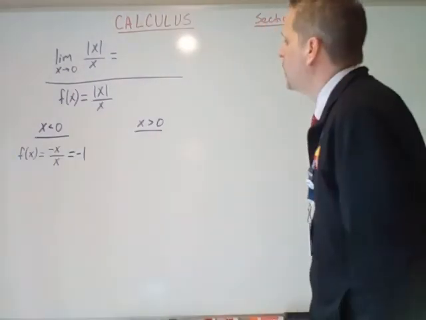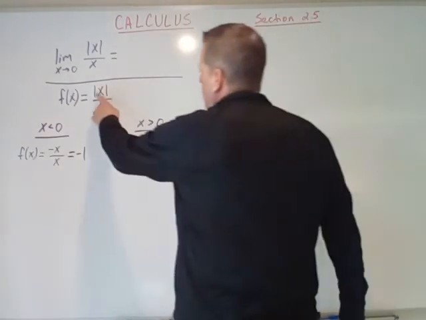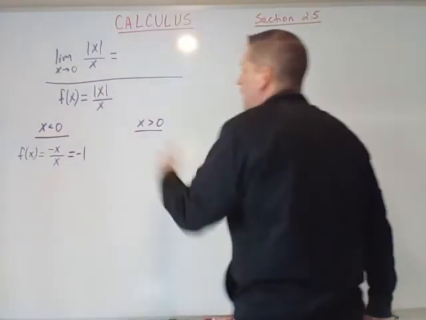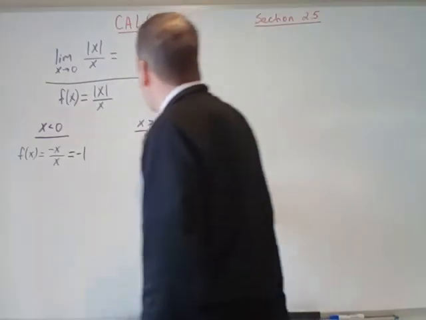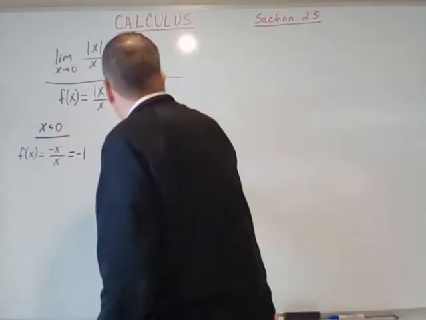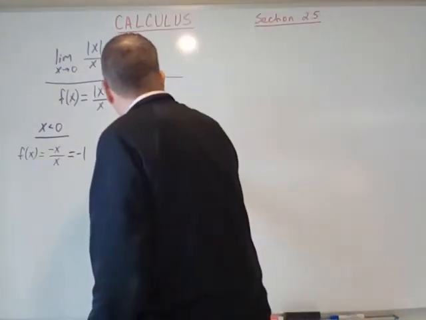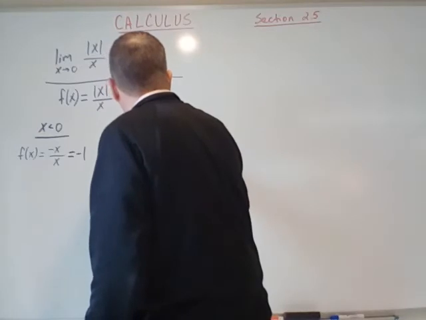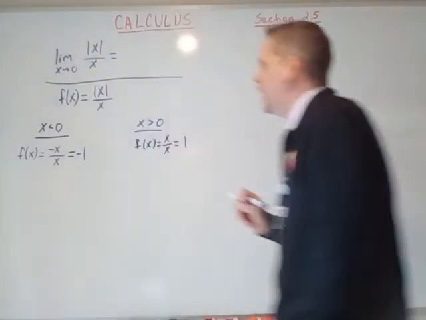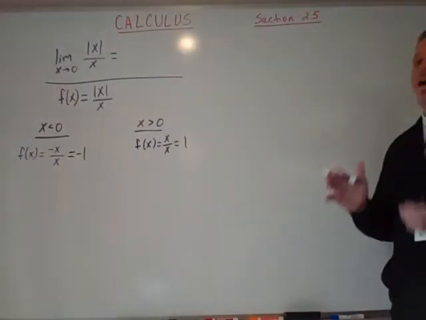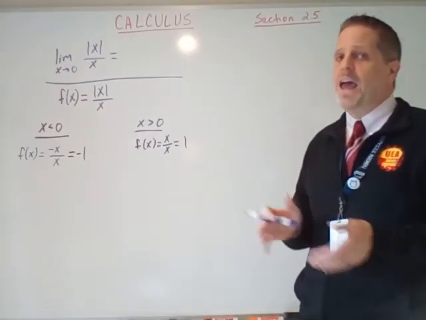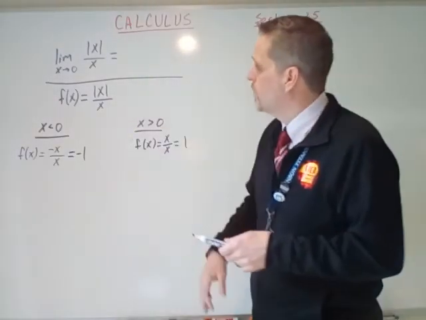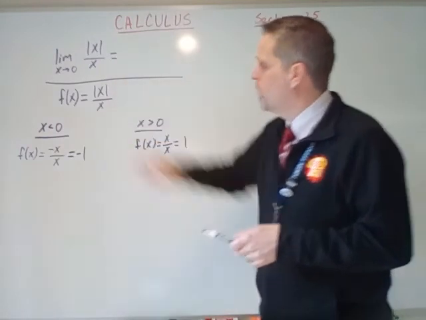Okay, what about then to the right of 0? Well, if we're to the right of 0, we're going to plug in positive values for x. The absolute value is not going to do anything to the function to the right of 0. So that means f of x equals x over x, which will reduce to 1. What that tells me then is that we have this function f of x, which equals the absolute value of x over x.